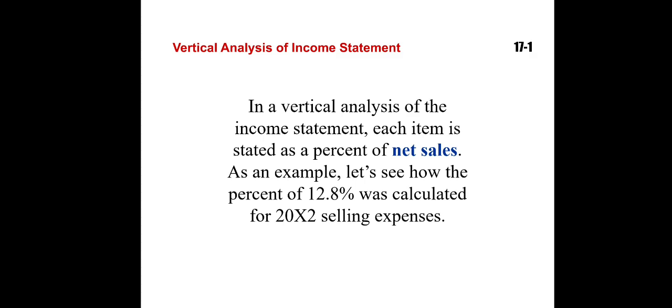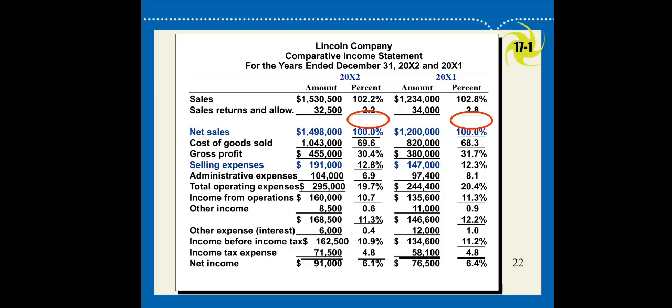And then how to do vertical analysis for income statement. So remember, vertical line is like this. So that is the way to do the analysis. If you have to do a vertical analysis for an income statement, then you have to do the things like you see in this slide.